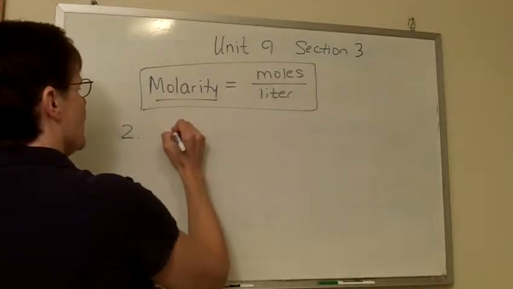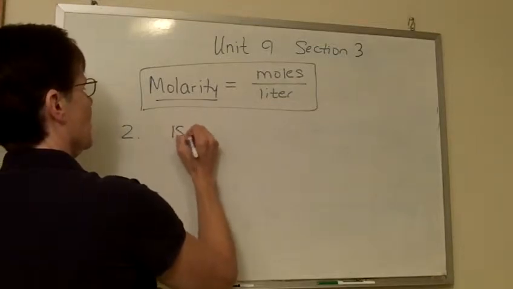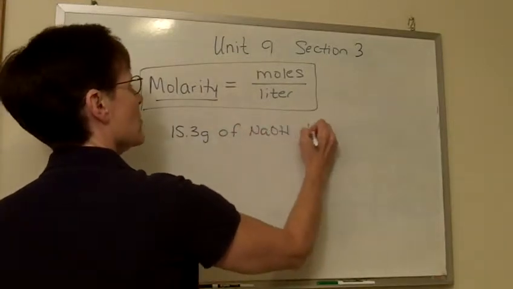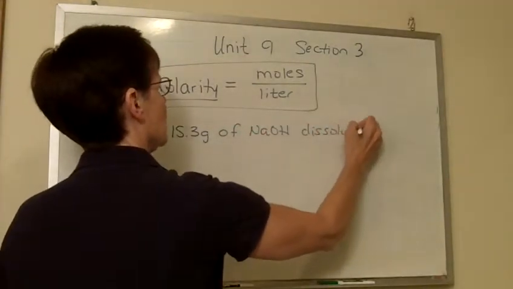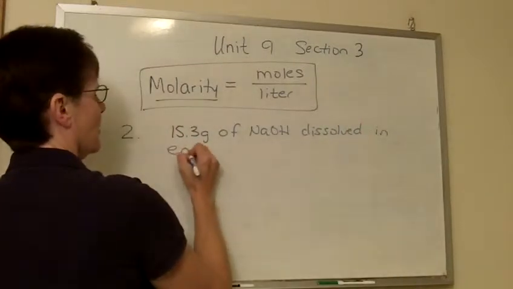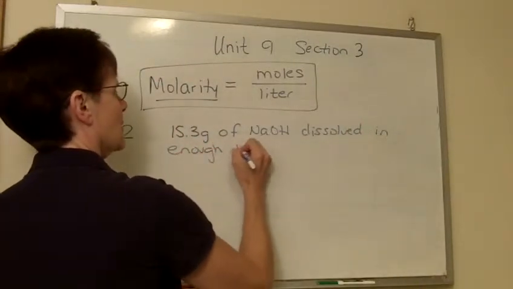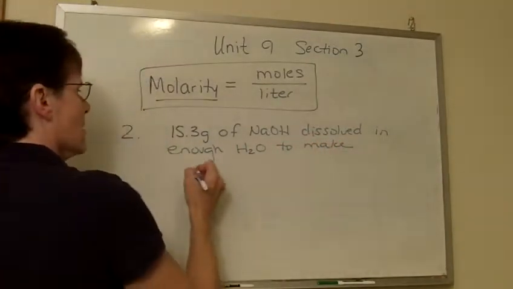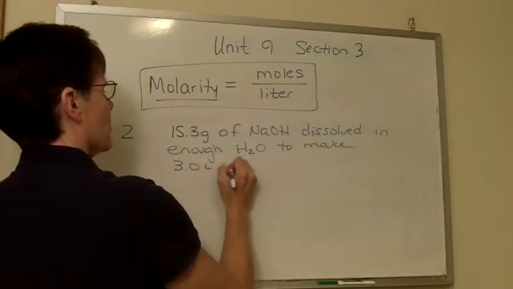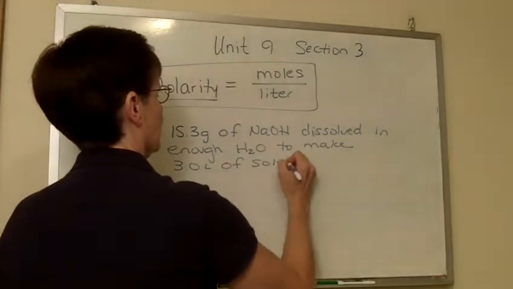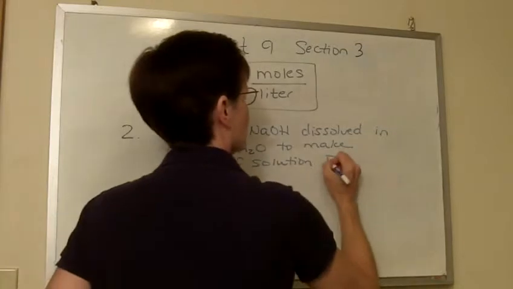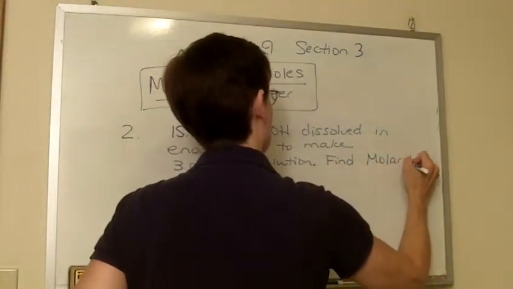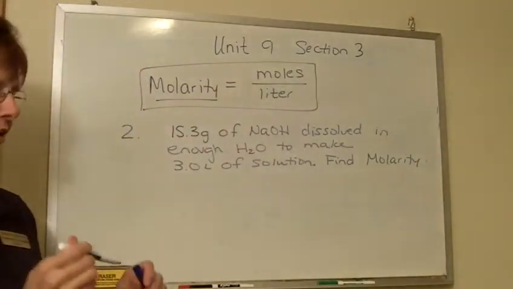So let's say that 15.3 grams of sodium hydroxide dissolved in enough water to make, oh, let's say 3 liters of solution. And we're supposed to find the molarity for that.